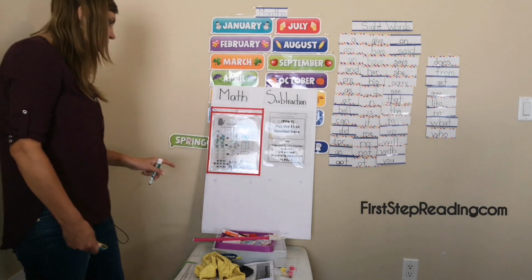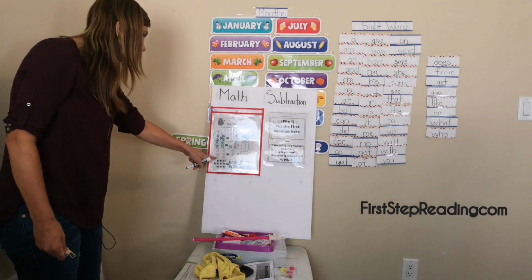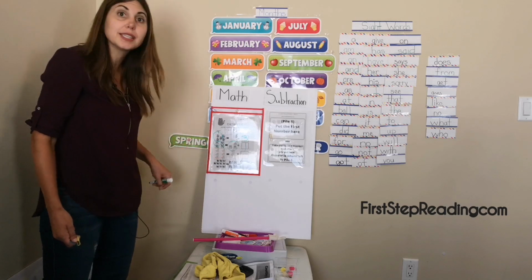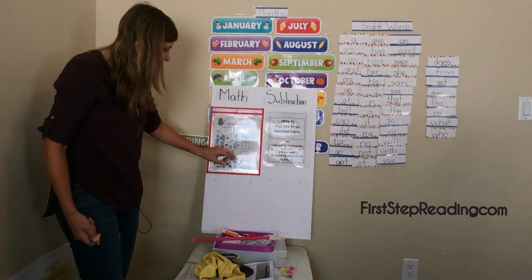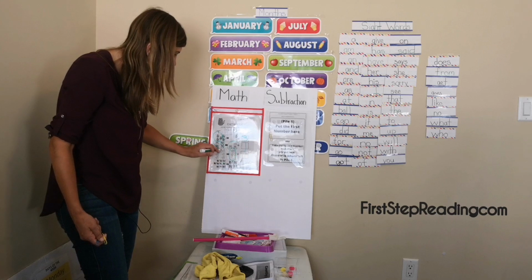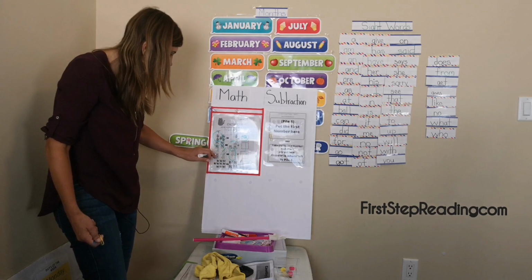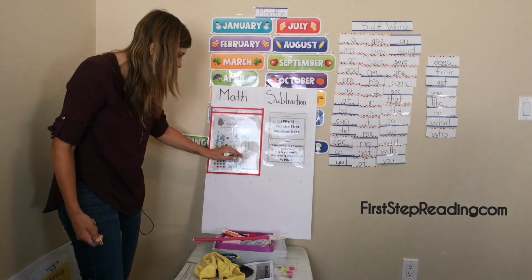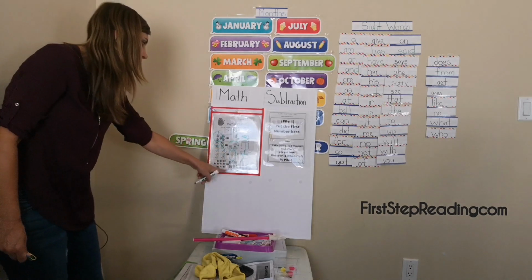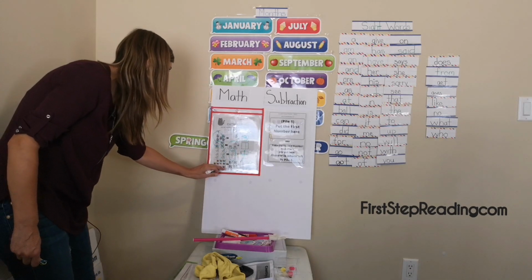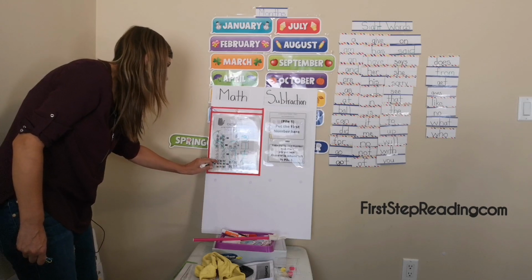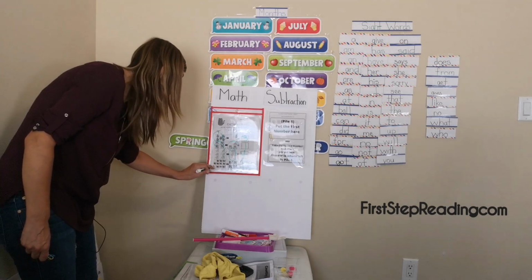1. Now I have 1, 2, 3, 4, 5, 6 kitty cats. How many leave? 2. 1, 2 I cross off. How many are left? 1, 2, 3, 4. Now I have 1, 2, 3, 4, 5, 6, 7, 8, 9, 10 kitty cats.